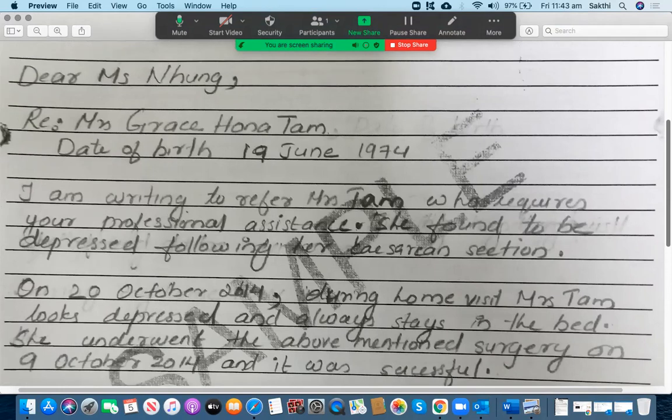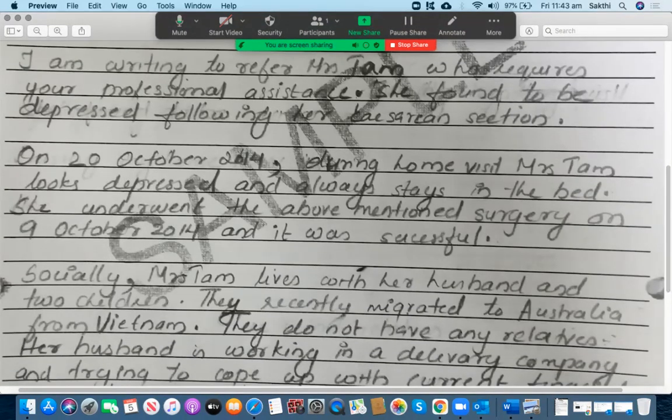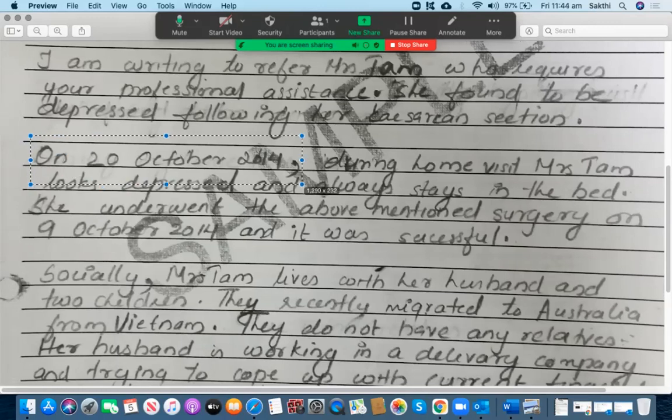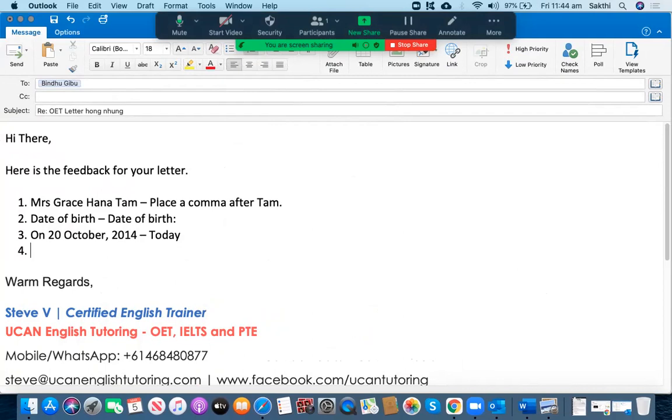On 20 October 2014. So this is today. So do not say on 20 October 2014, because we are writing on the same day. So you can write down today and then there should be a comma.